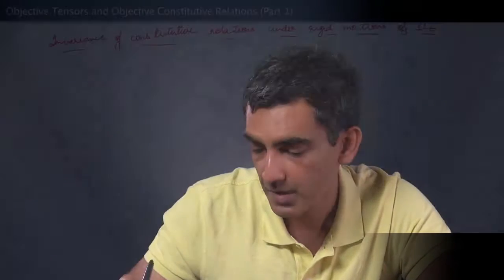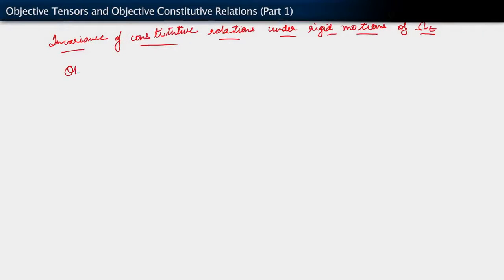So, let's just remember what needs to happen with the various classes of objects that we have here. Okay, so we have now the notion of objective scalars. A scalar is said to be objective if it does not transform.